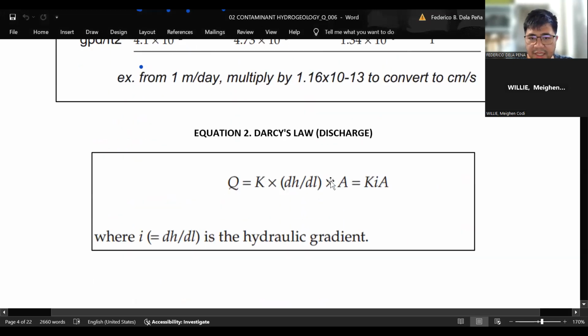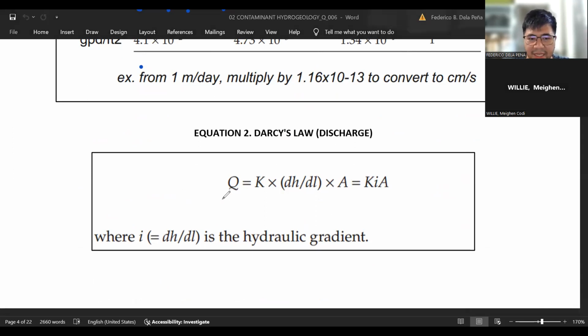And then Darcy's law, basically it's just an equation. It's not a law. It's just an equation that says that your discharge Q, or your volume of flow per unit of time, is just equal to your hydraulic conductivity multiplied by your modifier, which is your hydraulic gradient. This is the modifier that I was talking about earlier.